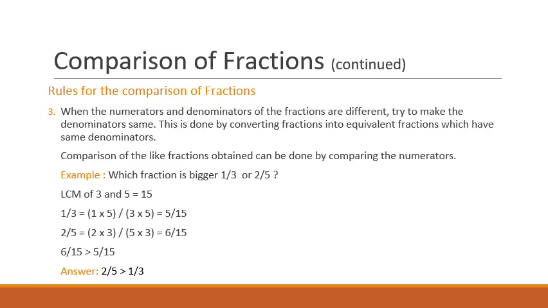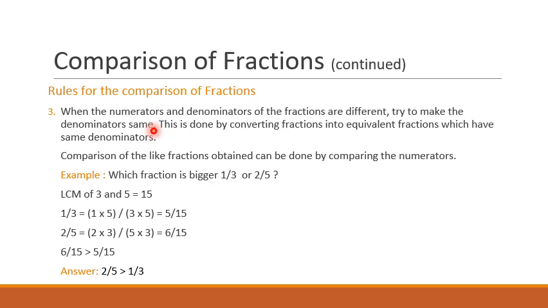Now let's see what would happen when both the numerators and denominators of the fractions are different. In this case, we have to try to make the denominators the same, so that we can compare the fractions as like fractions, with the same denominator.